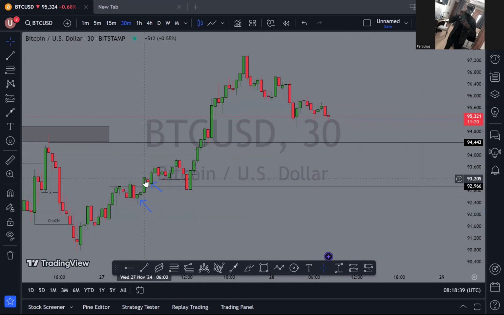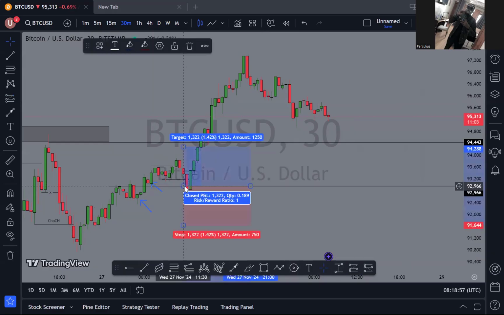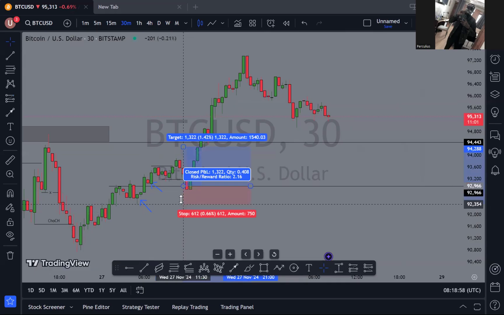But this structure was already tested with this stick right here. And so the left structure was this below. And so I bought Bitcoin from this point, a very small stop loss.